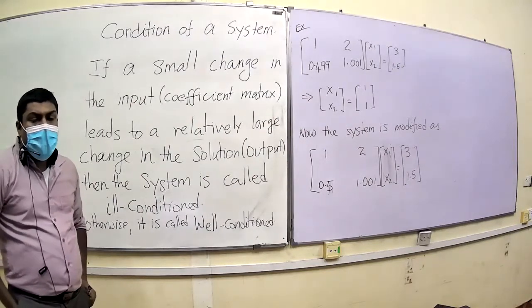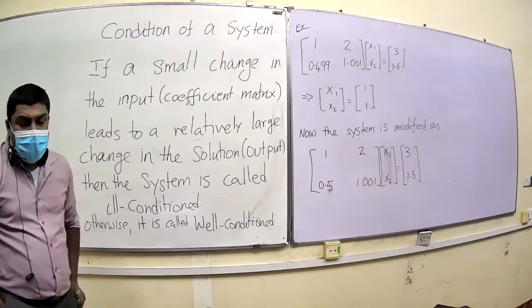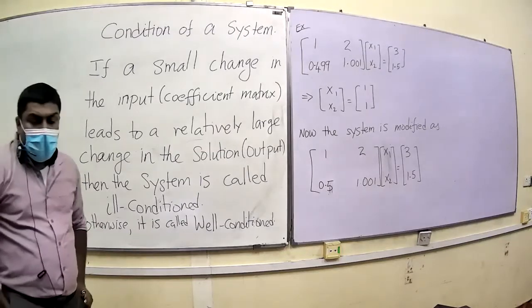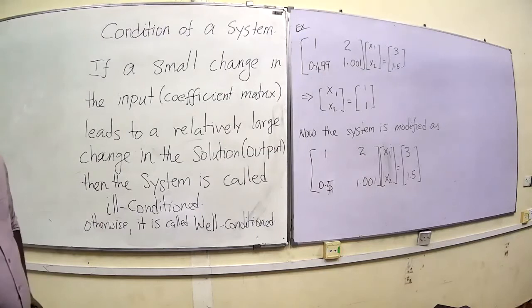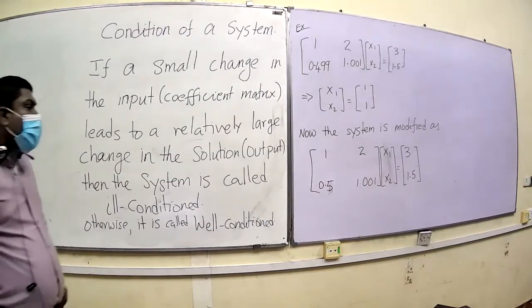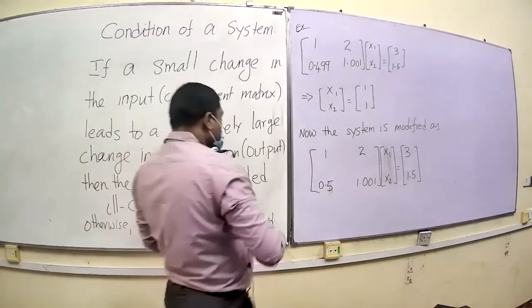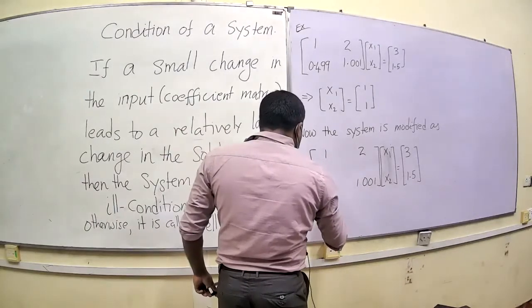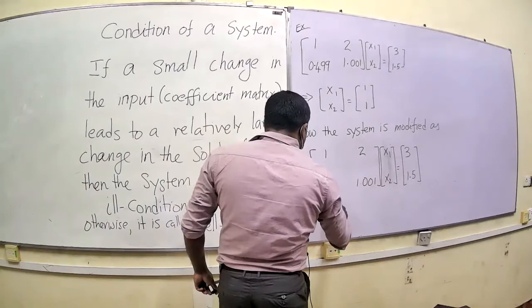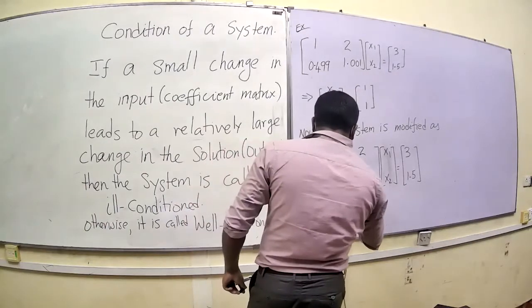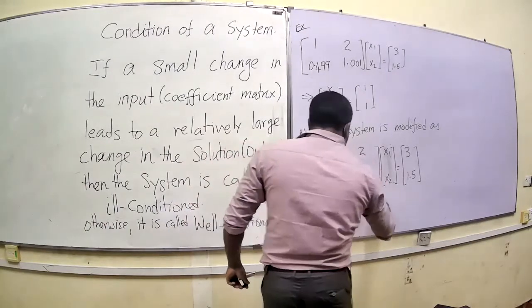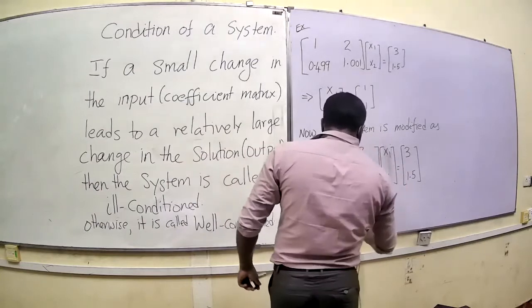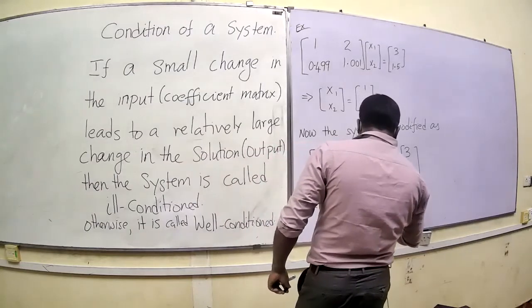So the mistake is 0.001. That is the only small mistake. So now if you solve this, R2 minus 0.5 times R1 gives you this, 1, 2, 0.